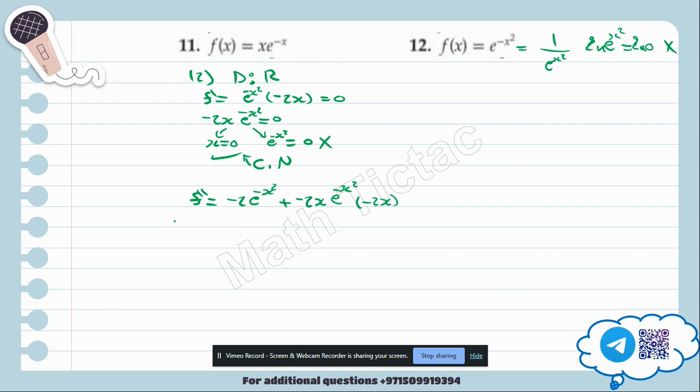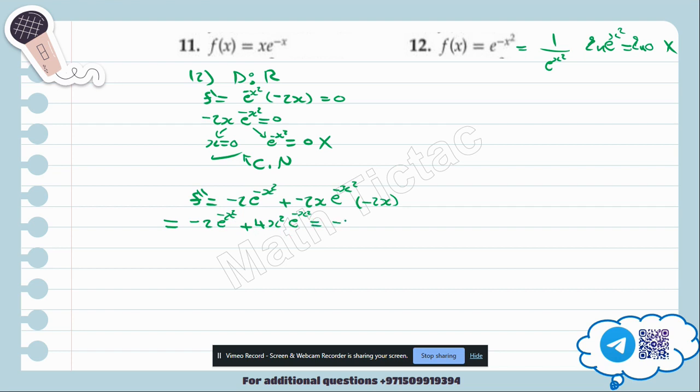Let's just simplify it more. So minus 2 e to the power minus x squared. This is going to be minus 2 multiplied by minus 2, this is plus 4, x times x is x squared, then e to the power minus x squared. Actually, we can take minus 2 e to the power minus x squared as a greatest common factor.